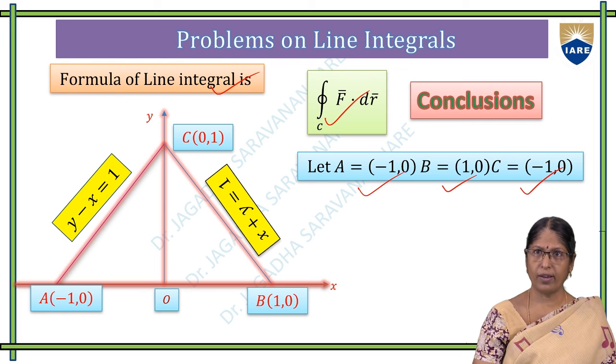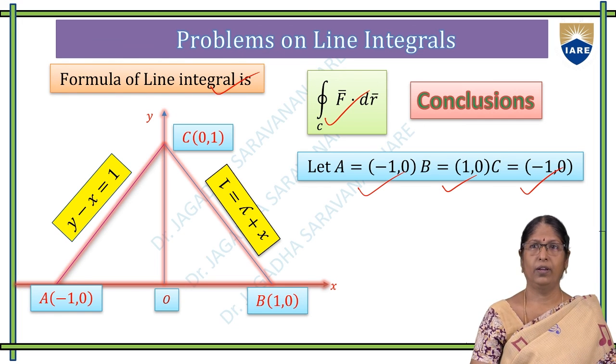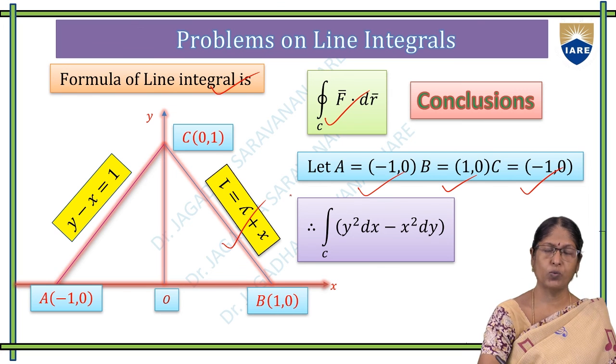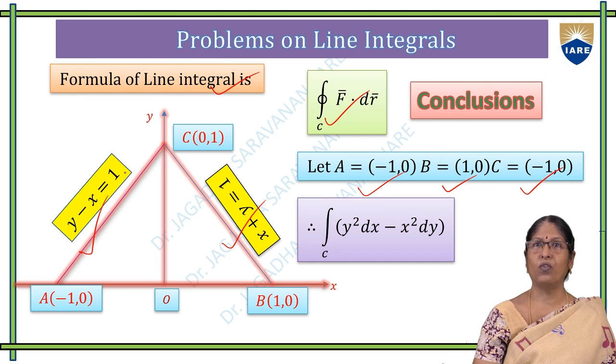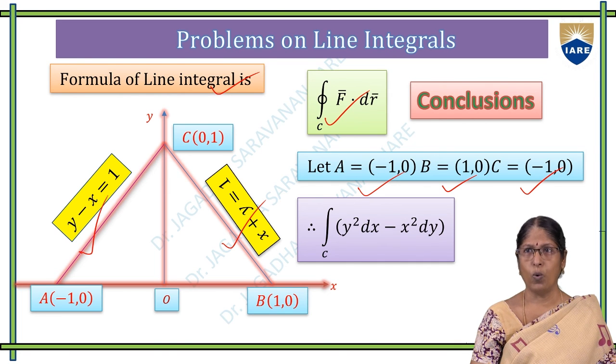We got a triangle, and with the help of the formula for the equation of the line joining 2 points, we obtained x plus y equal to 1, and for C to A, we obtained y minus x equal to 1.